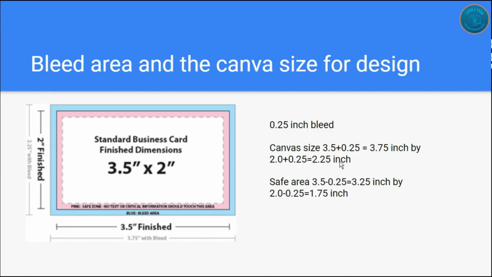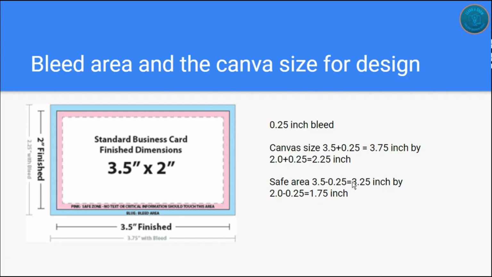Now it is not limited to this one. This is our total canvas size, the outer one, and this is our finished product, the black line, and the inner one is another margin, another area we are defining where we will be putting all the key elements, our logo, our name, etc. We are giving another 0.25 inch margin to that.